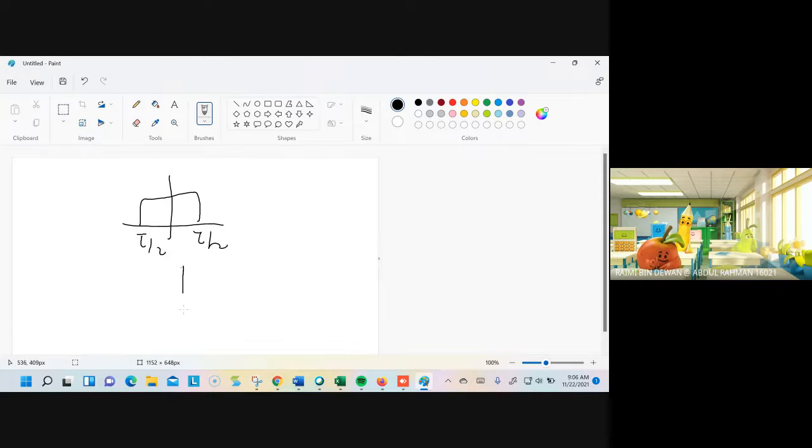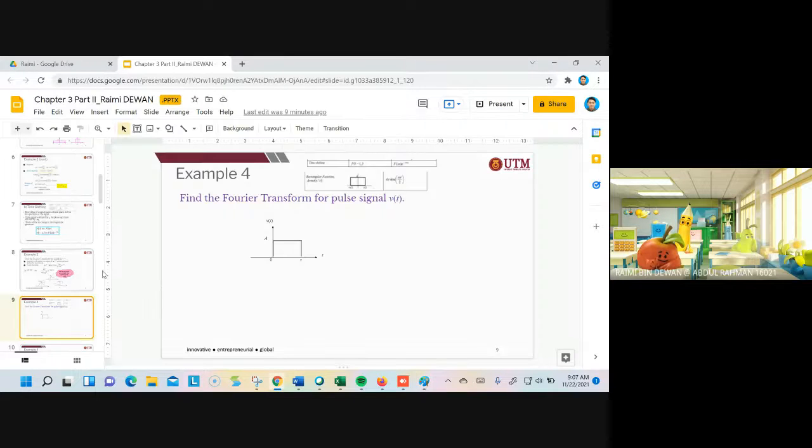Now it is shifted to tau. The width is still the same, and the amplitude is also the same. The only change is that it is shifted to the right. You guys can try at home.